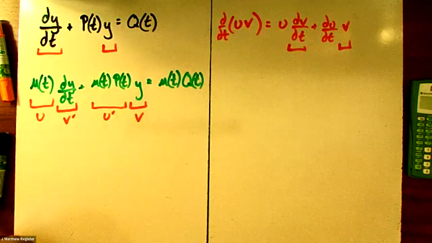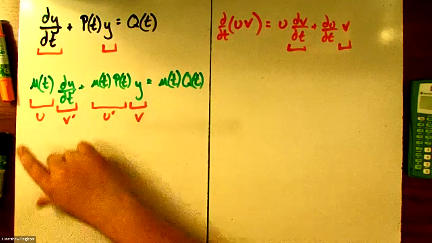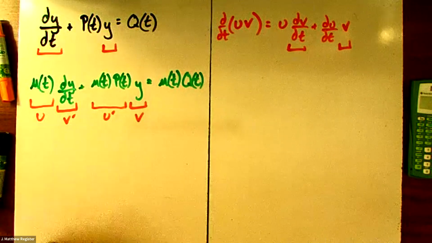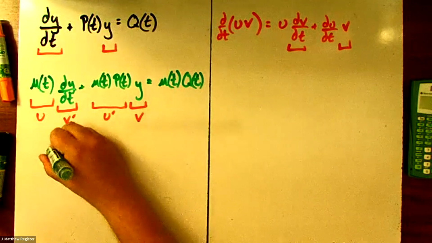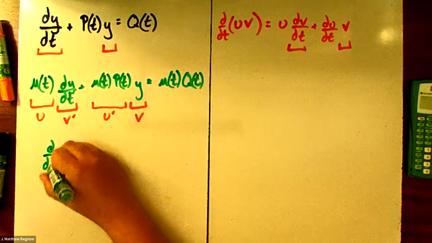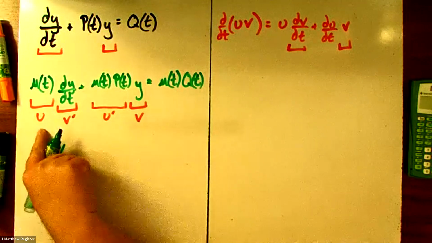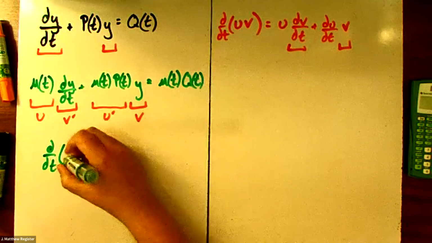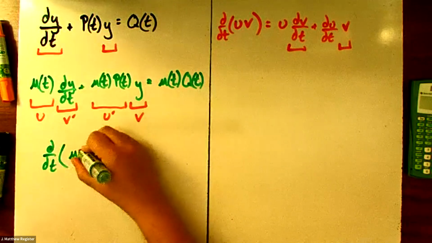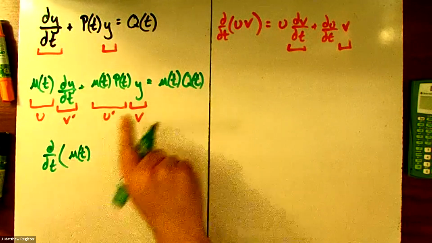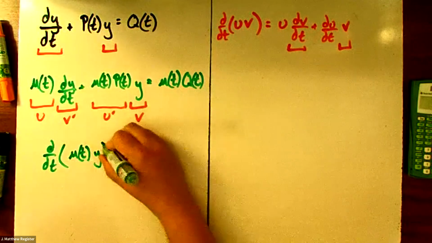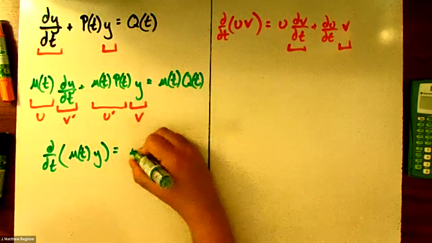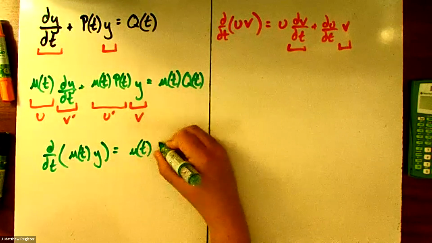And if we can do that, then we can rewrite this entire left side as a derivative. It would be d/dt of u times v, just like we have d/dt of u times v. This would be the derivative of mu of t times y equals mu of t times q of t.